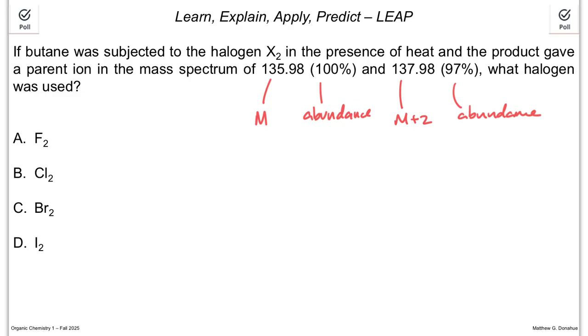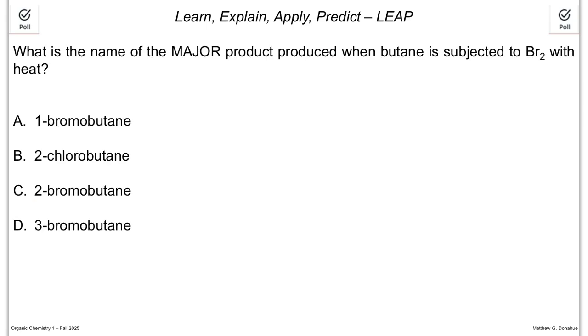So what do you think the answer is? So this is going to be bromine because we have M and M+2, where the ratios are essentially 1 to 1. So when butane is subjected to bromine, what is the major product? So again, this is an example of a radical CH substitution.